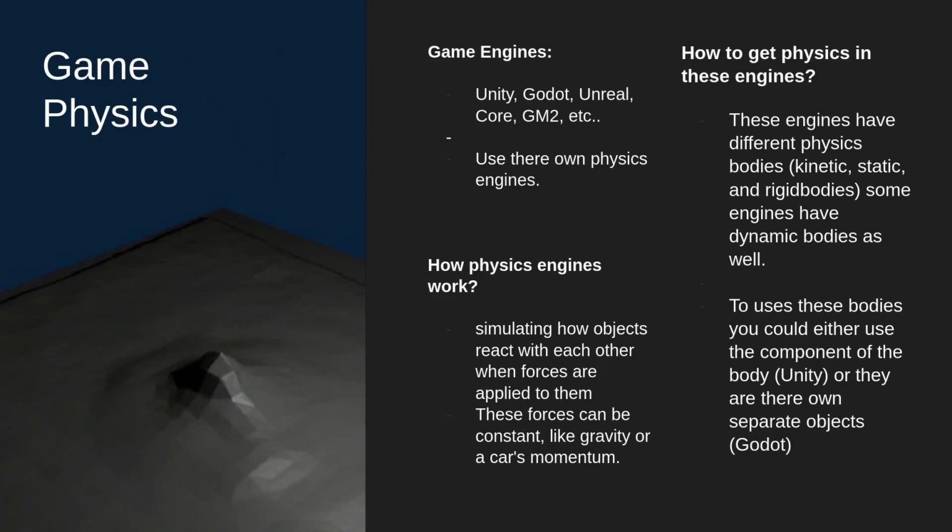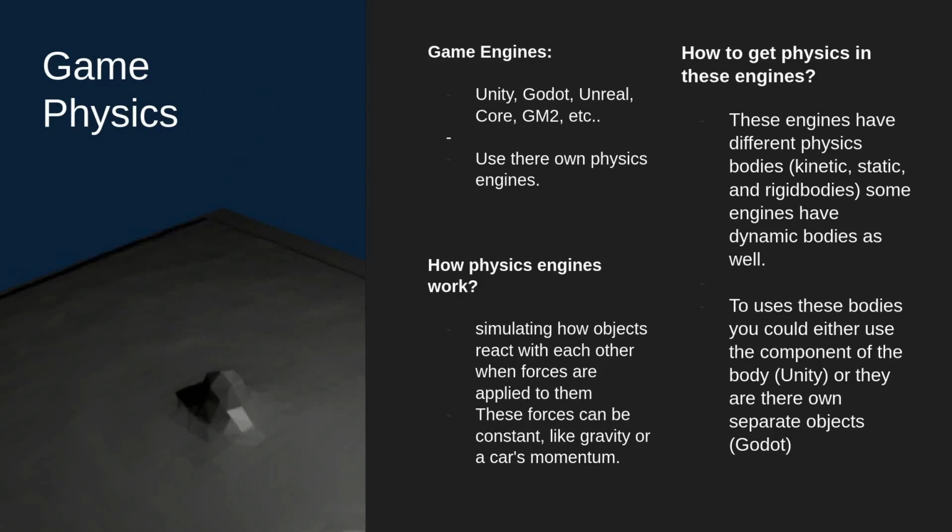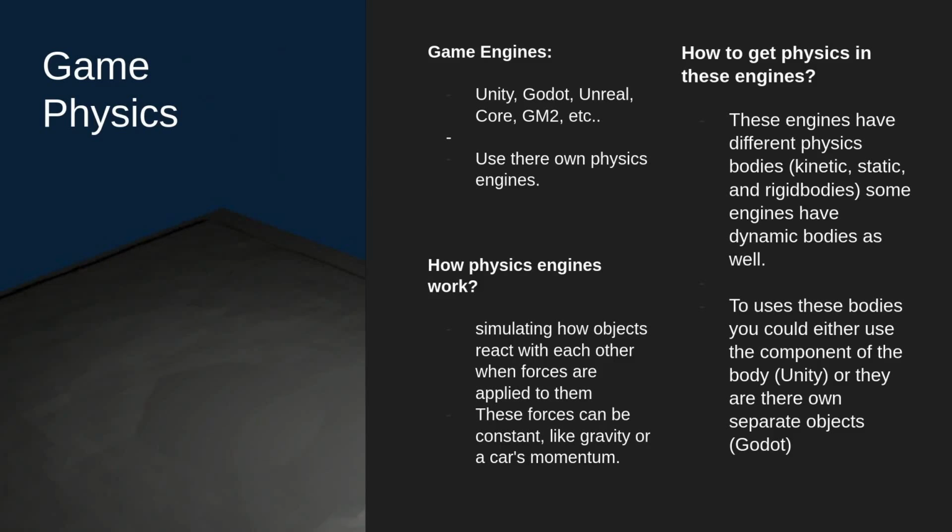And some engines have dynamic bodies as well. And these bodies could, like I said, either be components that you can put onto the object, like in Unity, or separate objects which are nodes, like Godot uses.